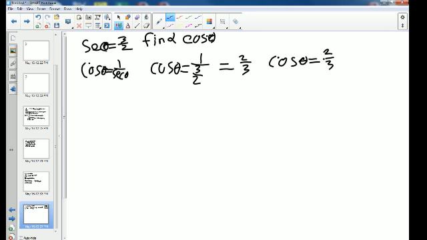We'll do another example. We're going to use cosecant theta equals 4/3, and we need to find tan.